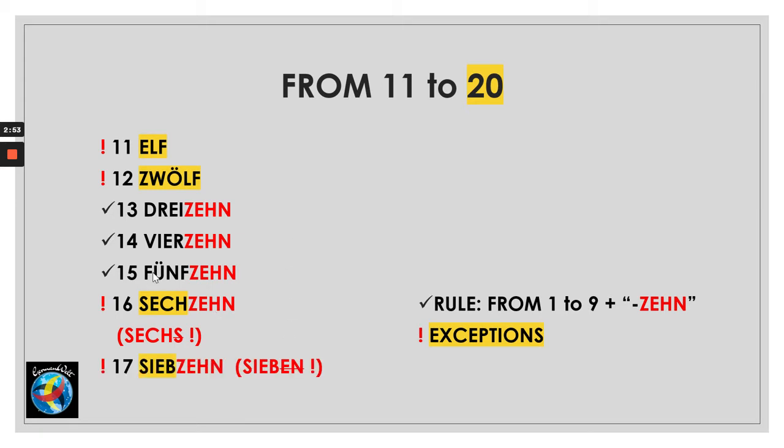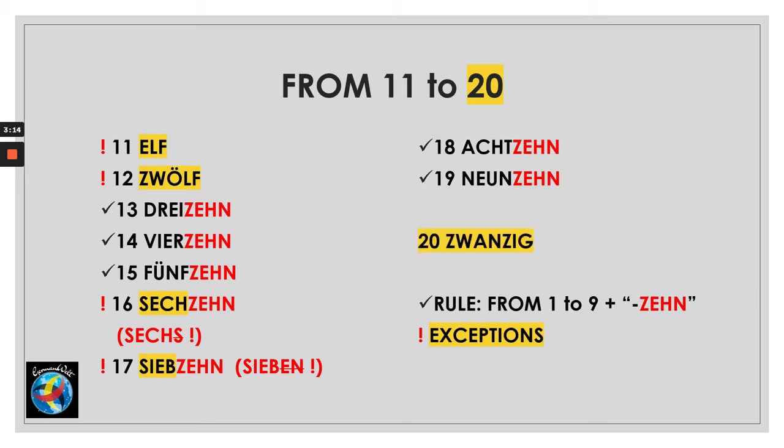The same happens for 17. Sieben would be 7, but you eliminate the ending N from sieben and you add 10, 17. 18, 19, and number 20 is again an exception.